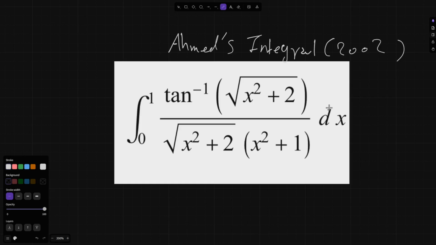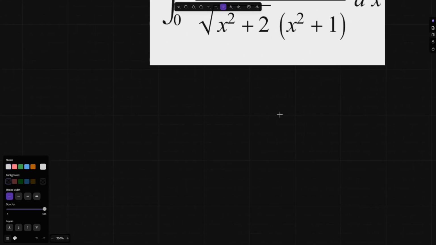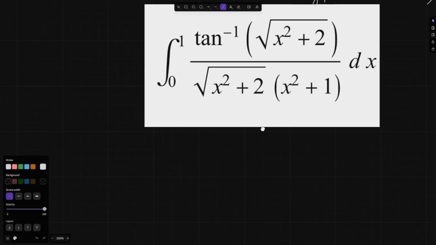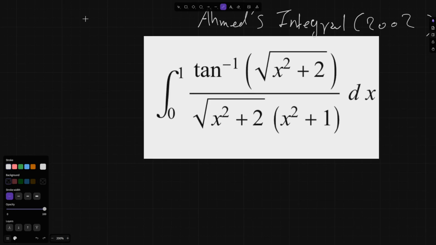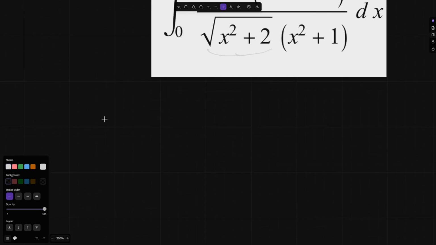So firstly, let's start with the setup. Let's just see the problem in front of us. If we try to substitute this part, which is going to be u equal to the square root of x squared plus 2, all of this is under the root.